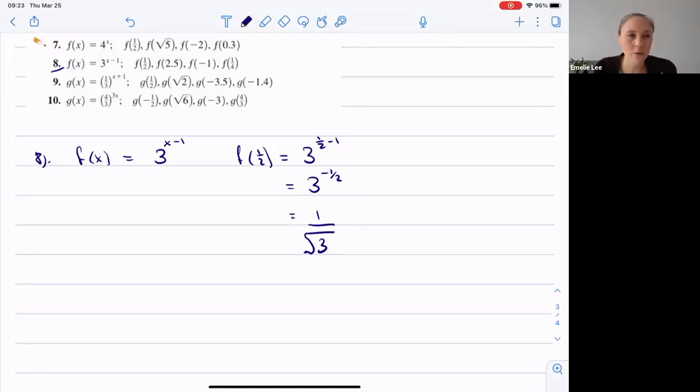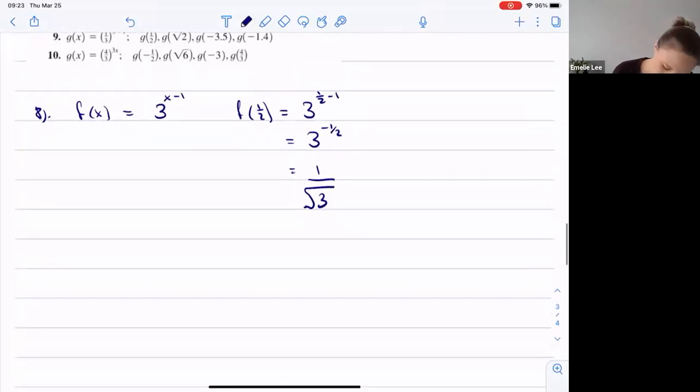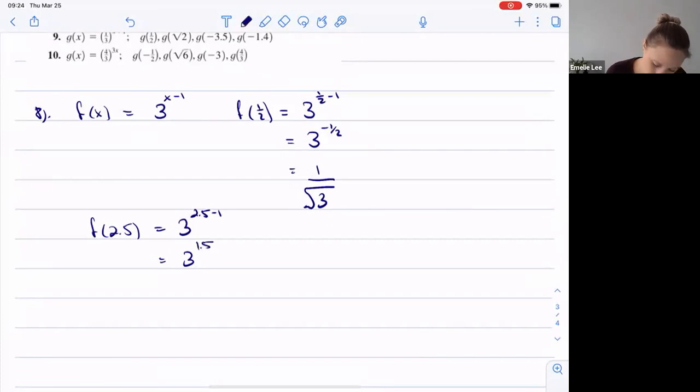f of 2.5 is 3 to the 2.5 minus 1, putting me at 3 to the 1.5, which, I'm just going to leave it as 3 to the power of 1.5.